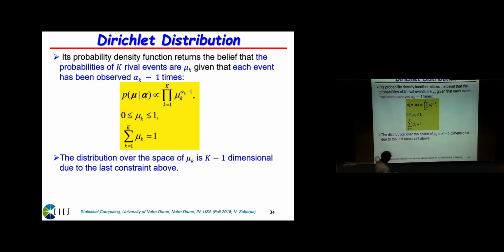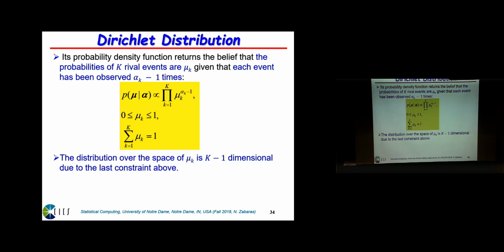So that looks very weird, but when we will use this as a prior later on, things will click basically, and you will not have any issue sort of exactly what this is. It's the belief that the probabilities of these events are mu k, given that each event has been observed alpha k minus 1 time. Okay?